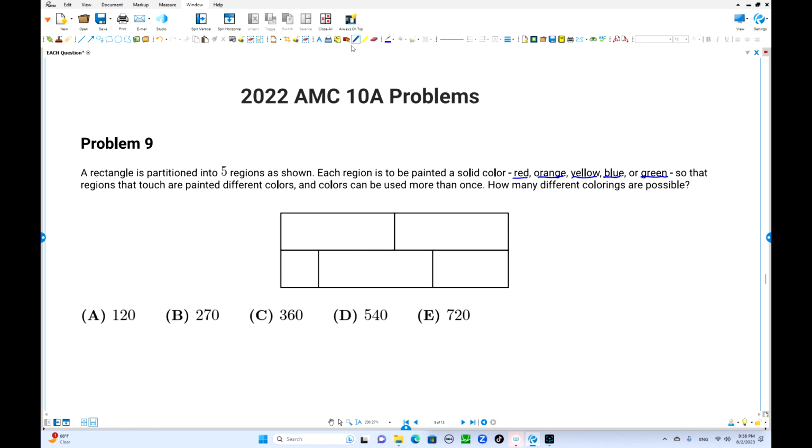I'm going to use numbers for each color: 1, 2, 3, 4, 5. There are 5 possibilities in the first region. I'm going to label the first region, second, and third, this is the fourth, and this is the fifth region. So what about number 2 up there?